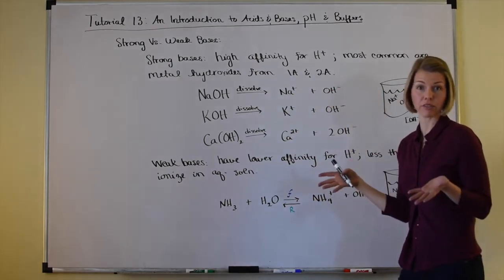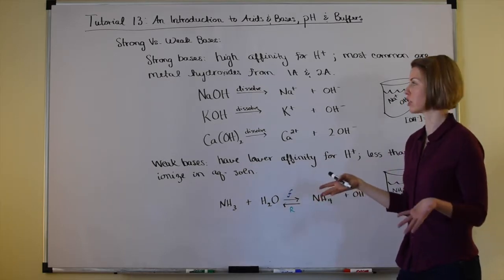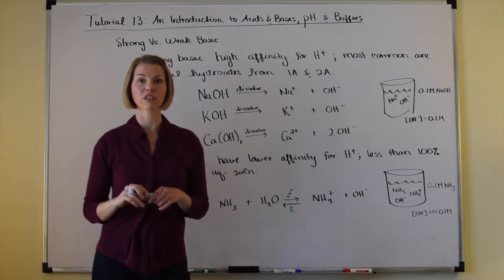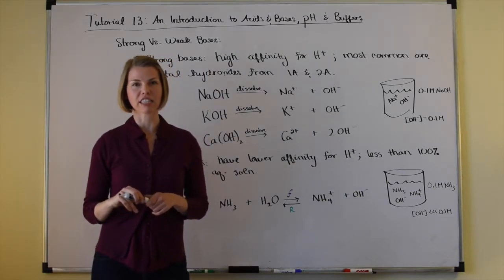So if you're talking about 1 liter of a 0.1 molar solution, then you're going to end up with 0.1 moles per liter of hydroxide in that solution.